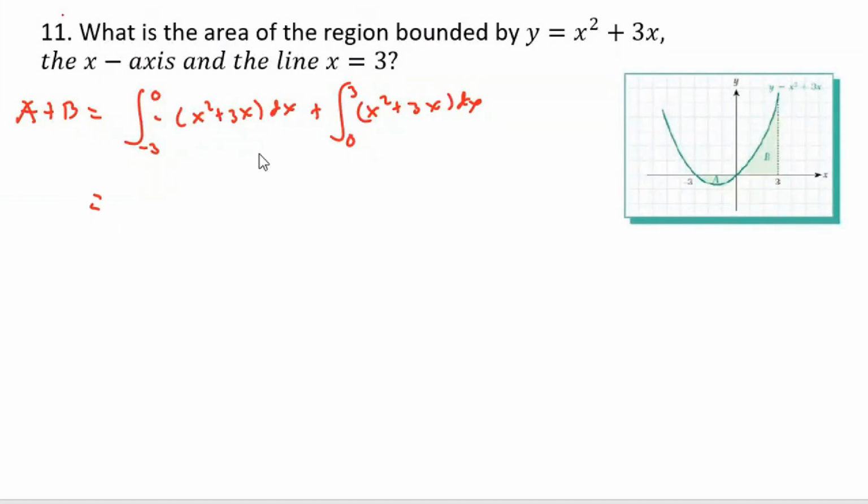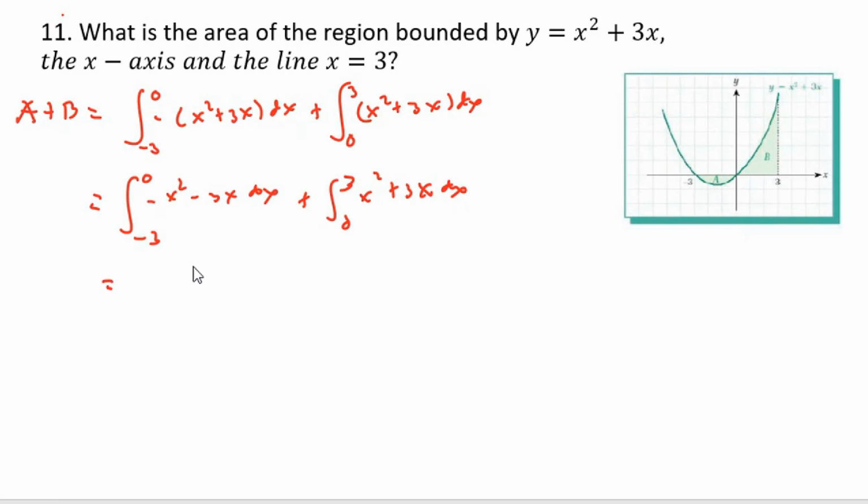We can do the same kind of solution as in our previous example. Finding the integration for this, we need to simplify first. So the integral of negative x squared minus 3x dx from negative 3 to 0, plus the integral of x squared plus 3x dx from 0 to 3.